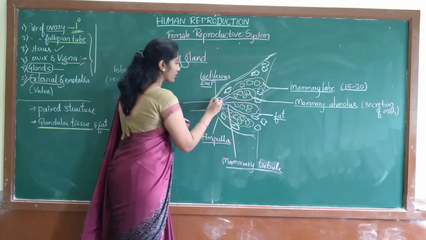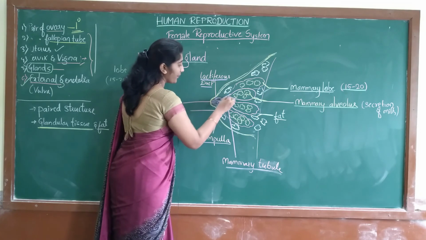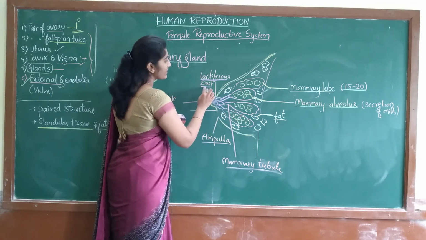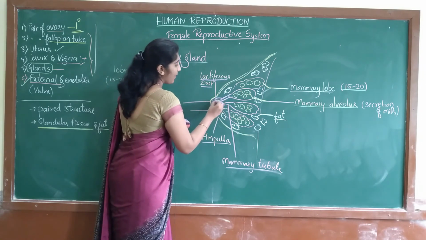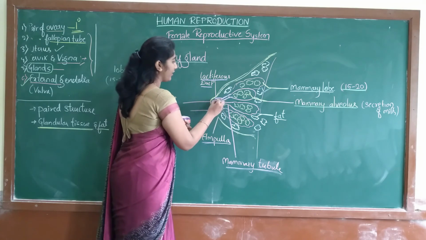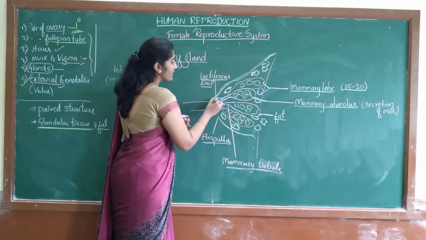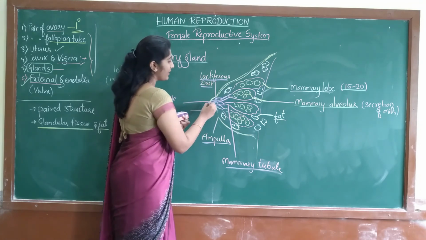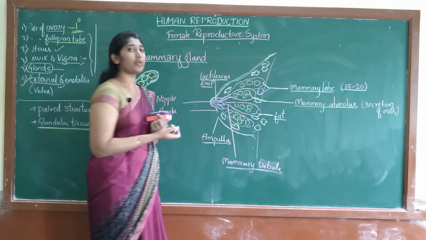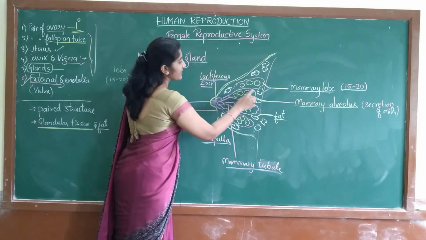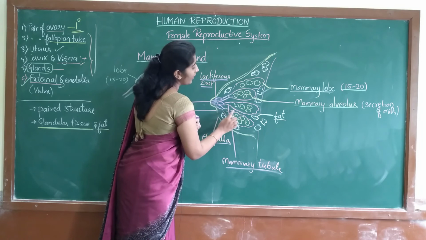A bulged structure which connects the mammary tubules and the lactiferous duct is called the ampulla. It also stores a considerable amount of milk, which is sucked out through the lactiferous duct. These are the lactiferous ducts through which the milk is sucked out. This is the ampulla, and these are the mammary lobes.